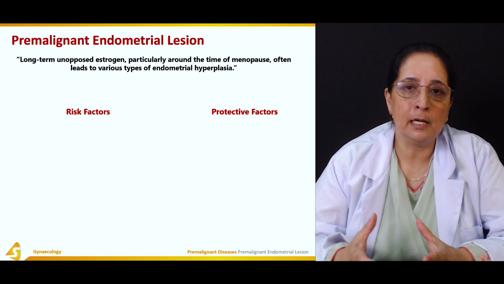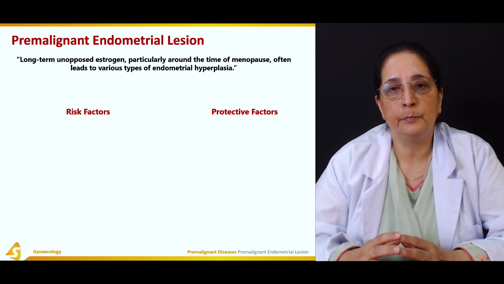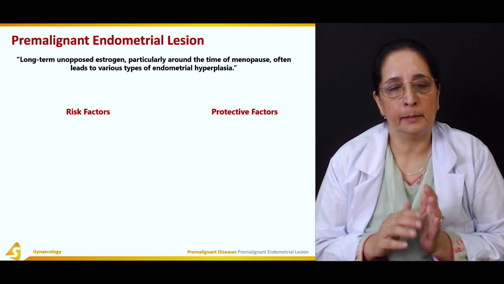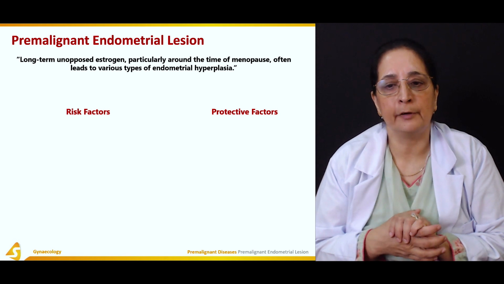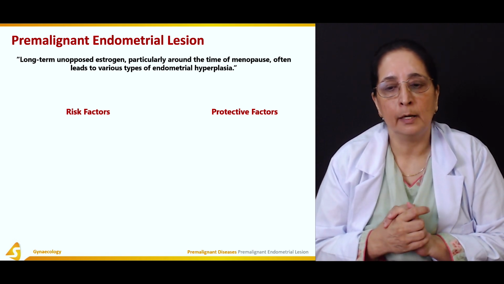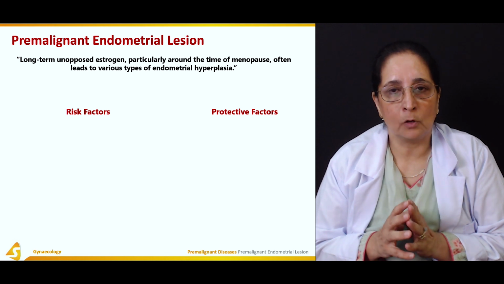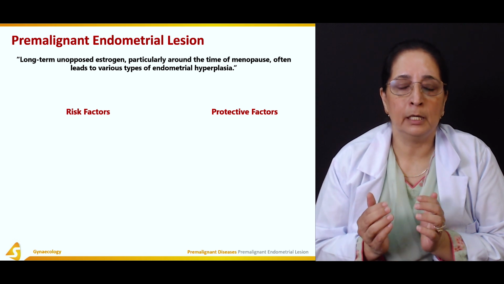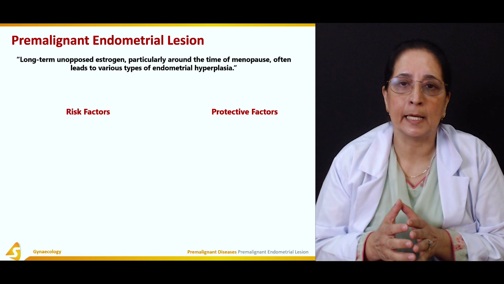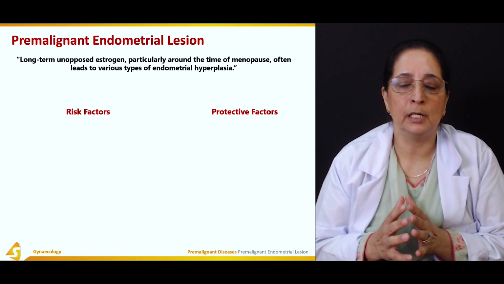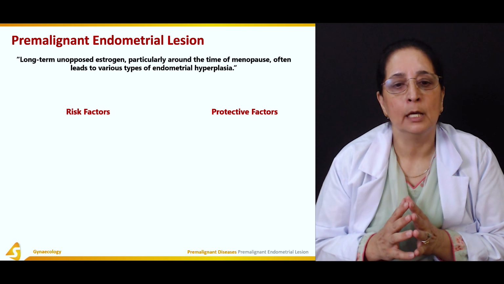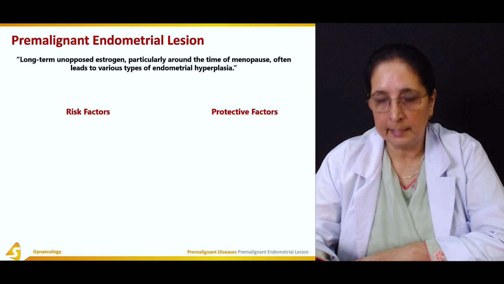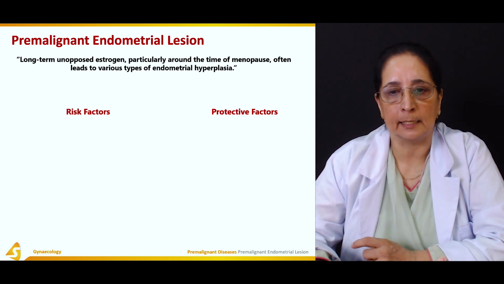If it's unopposed by progesterone, which brings about secretory changes in the endometrium, then the endometrium keeps on proliferating and leads to hyperplasia. So it's common around the menopause because now the normal regular monthly cycles have stopped and the estrogen level is unopposed by the progesterone level. So long-term unopposed estrogen leads to endometrial hyperplasia.